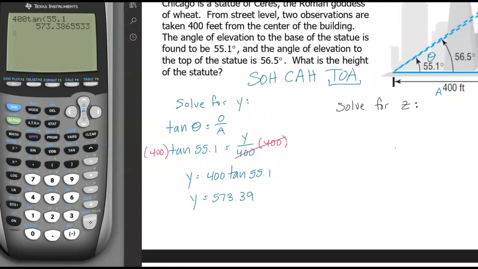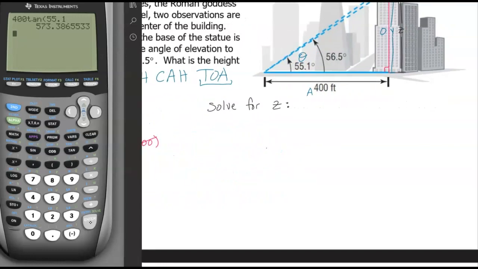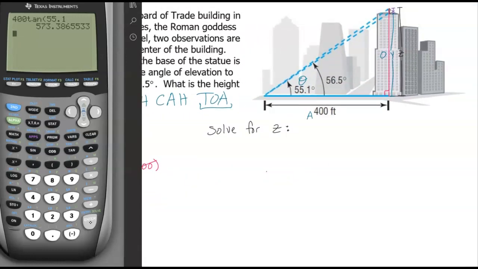Then I do the same thing for z. z is also the opposite side. But this time, I'm not using that smaller angle, I'm using the larger angle, 56.5, because that is the angle on that bigger right triangle. We'll call that alpha. Because I'm still dealing with the opposite side z and the adjacent side 400, I am again using tangent.